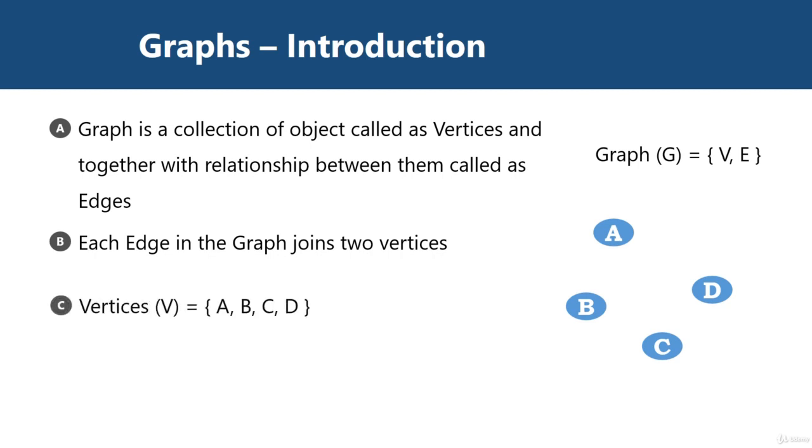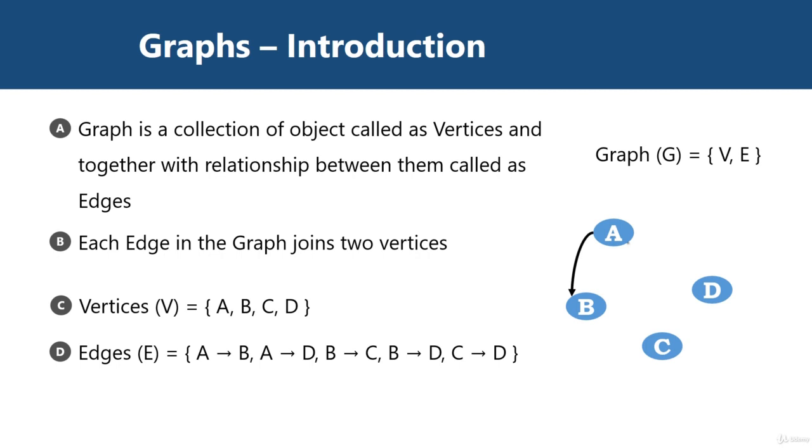Let us look at a graph. Here we have four vertices, that is vertex A, B, C and D. So here the set V of vertices is A, B, C and D. And the set E of edges contains 5 edges: an edge from A to B, A to D, B to C, B to D, as well as from vertex C to vertex D. So we represent graphs in terms of a set of vertices, V, and a set of edges, where an edge is a pairwise relationship between the vertices.